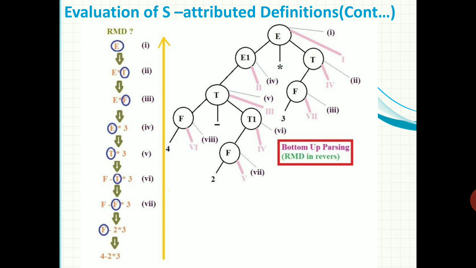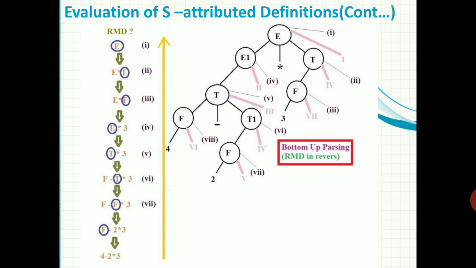In addition to the semantic rules, we are associating the rightmost derivation step numbers. So the annotated parse tree also contains the semantic numbers.